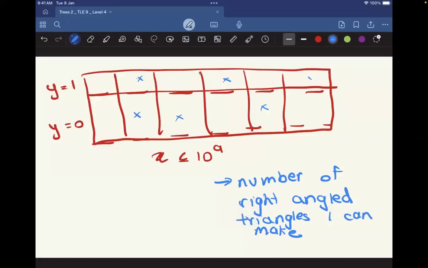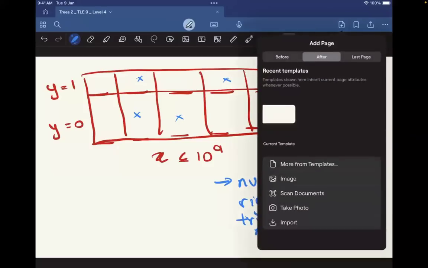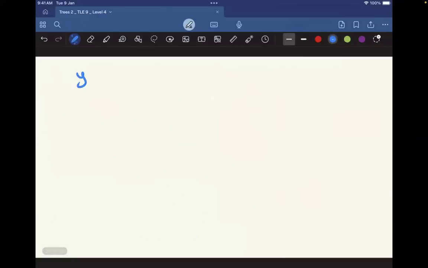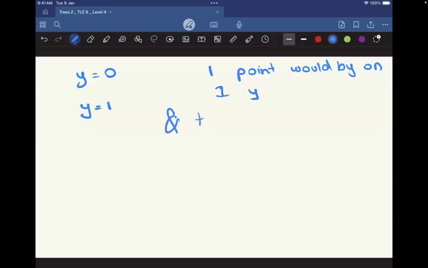So first thing that I want to ask you is that since y is equal to 0 and y is equal to 1, do you guys agree that one point would be on one y, and the other 2 points would be on the other y?